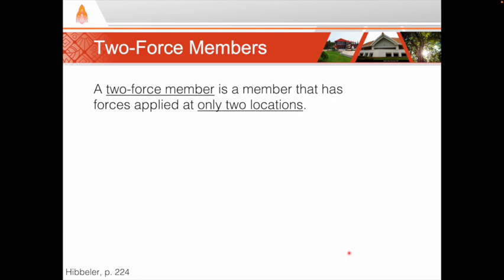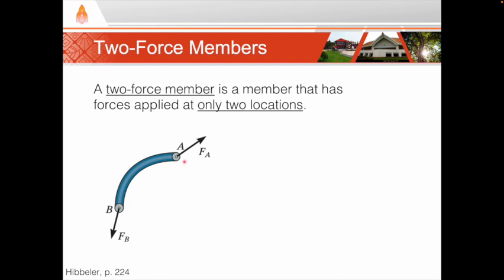If we recognize that some members have only 2 or 3 forces applied to them, we can take a shortcut. The first we'll consider is a 2-force member. A 2-force member means that only 2 forces are applied to that member. For example, this member here has 2 forces applied to it.